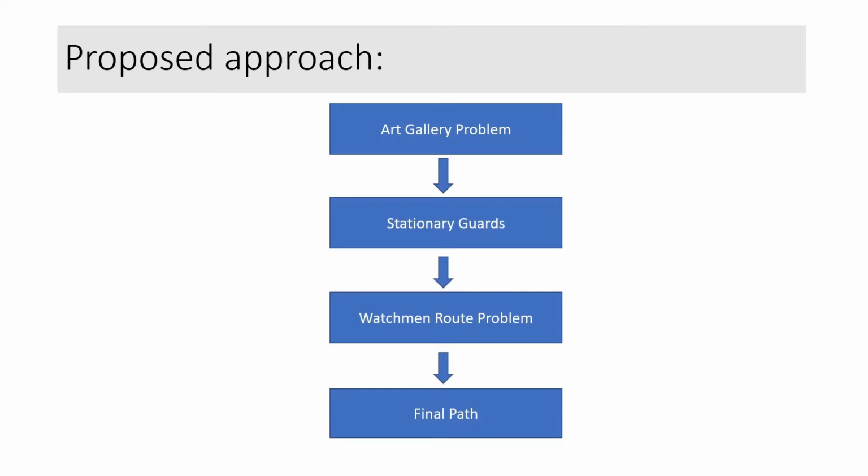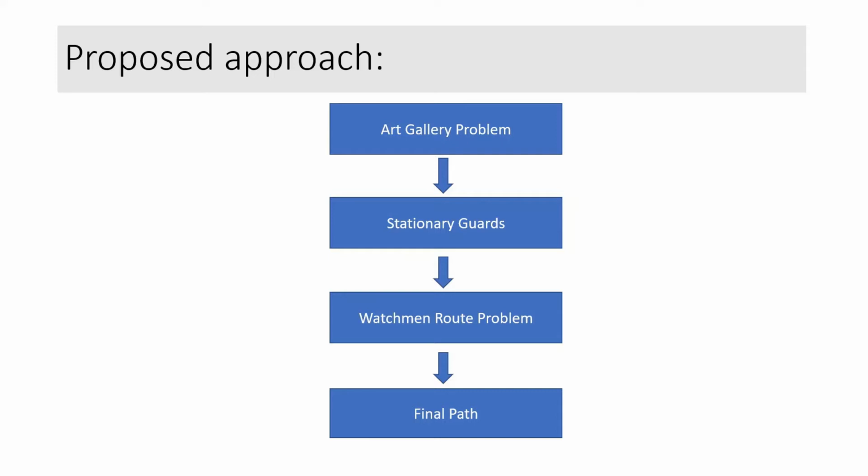So this is the proposed approach, how we plan to find the final path for a Watchmen route. Initially we'll find the static stationary guards by finding the solution to the art gallery problem, and then we'll try to find the Watchmen route using the stationary guards, and we'll try to connect the stationary guards.